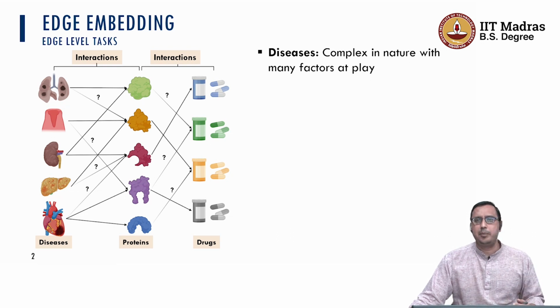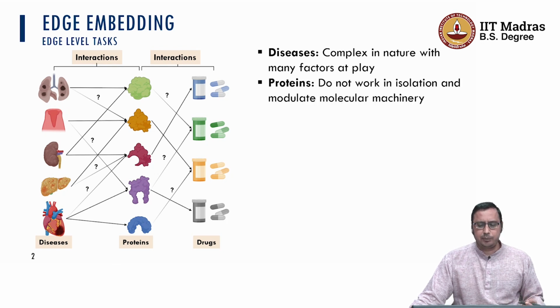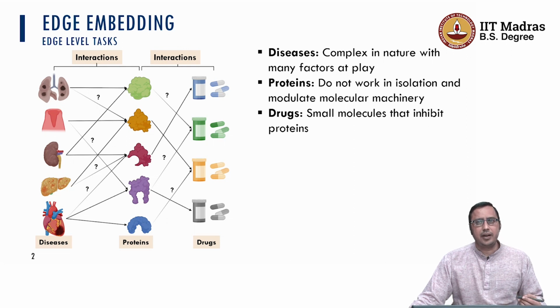These factors can be at the genetic level, the metabolic level, or the protein-protein interaction level. And typically proteins are the ones which are actually targeted to get a cure or some kind of treatment for a particular disease.